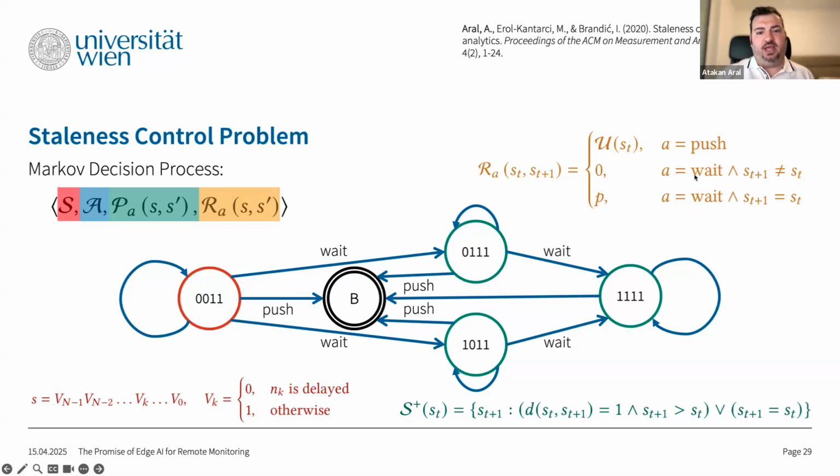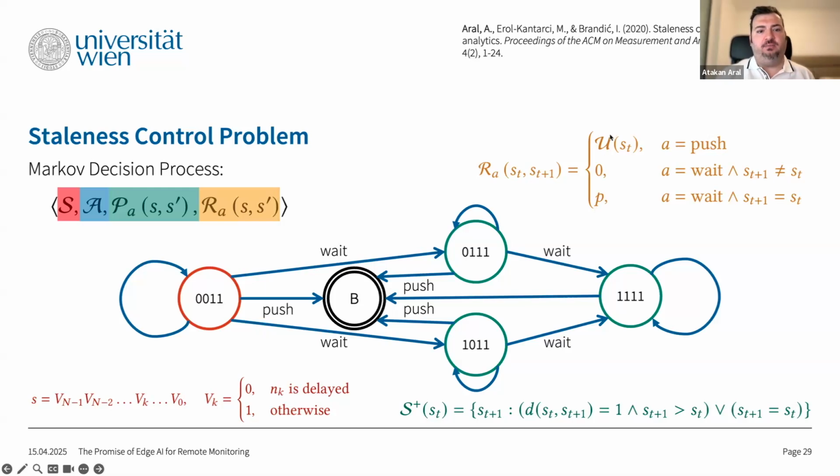If we decide to wait and the new state is a different one, so we waited and actually switched to a new state, the reward is 0 because we don't want to double count the reward. We only count the reward when we push. And if we decide to wait, but the state didn't change, so it's the loops, that means we get a negative reward, which is a penalty.